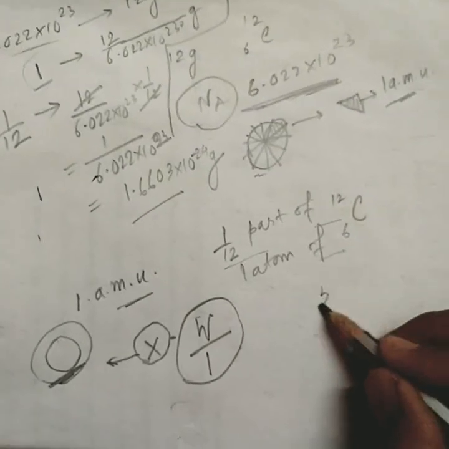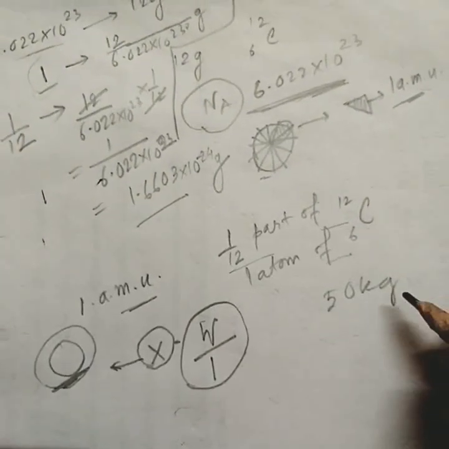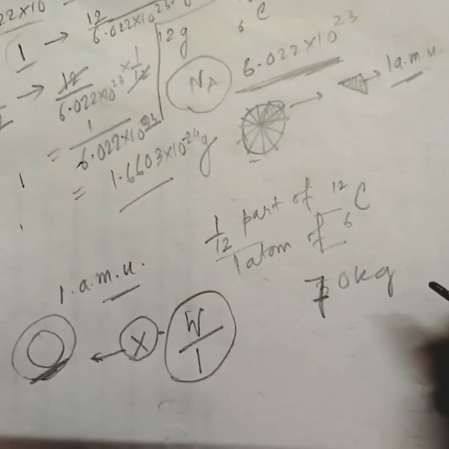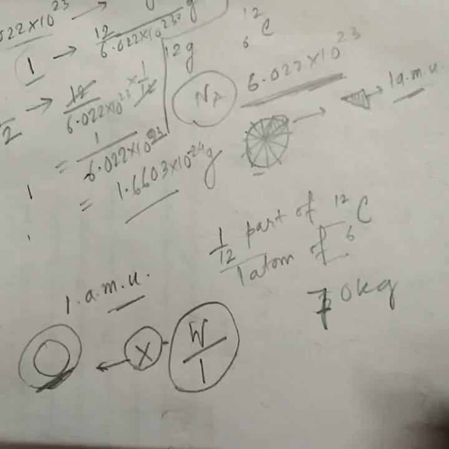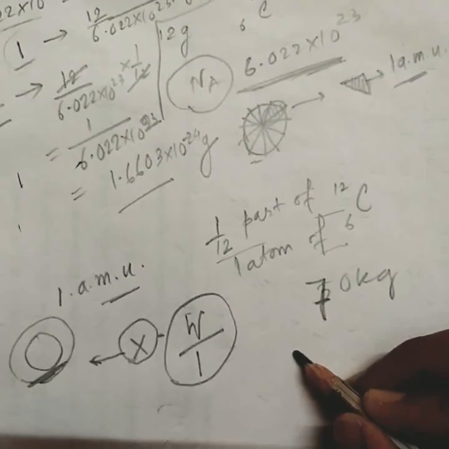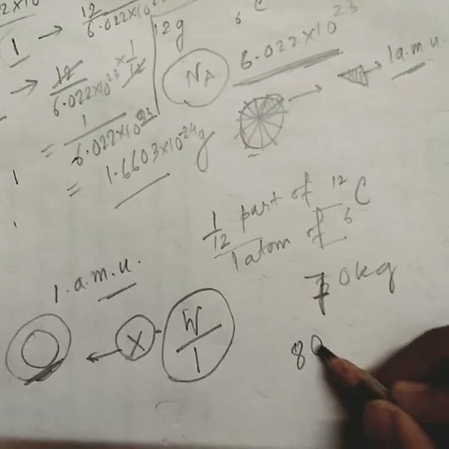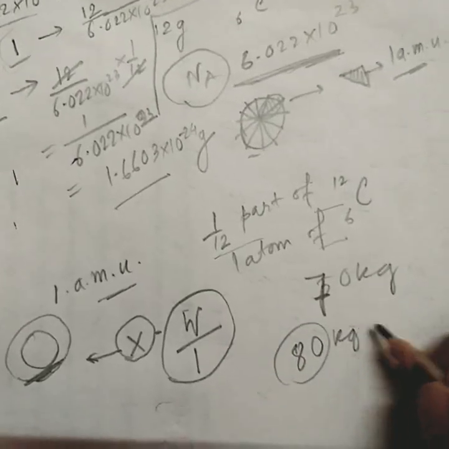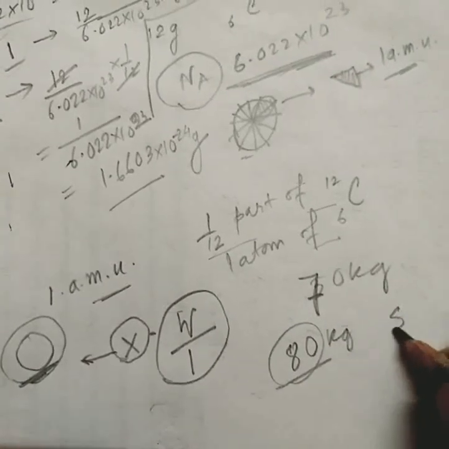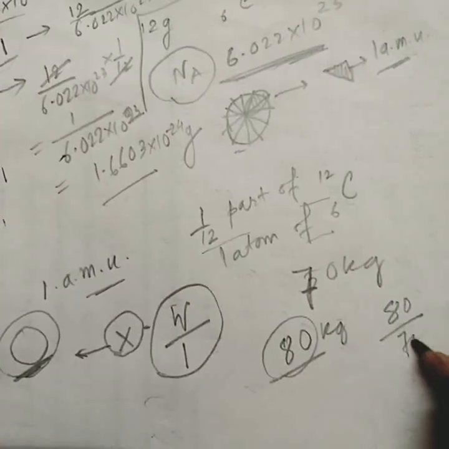Suppose your weight is 70 kgs and your friend weighs near about 80 kgs. In that case, if you find out how many times your friend is heavier than you, then you have to divide 80 by 70.